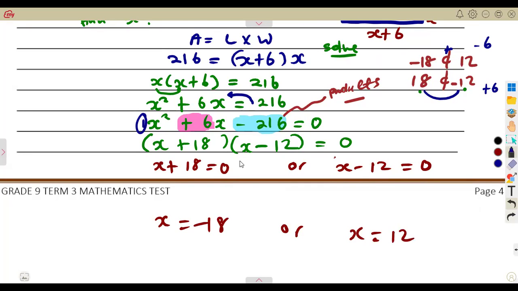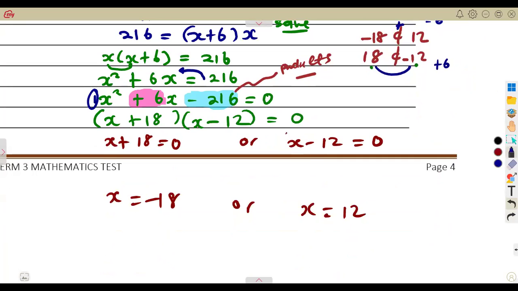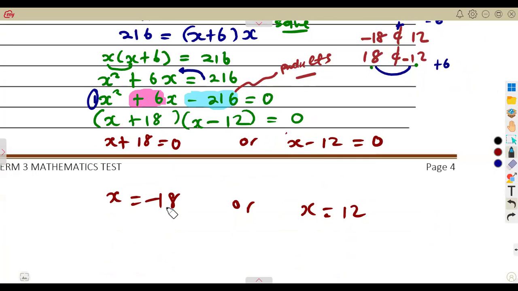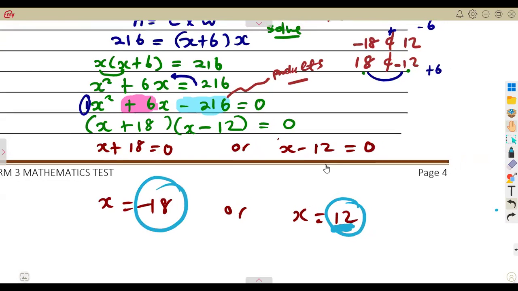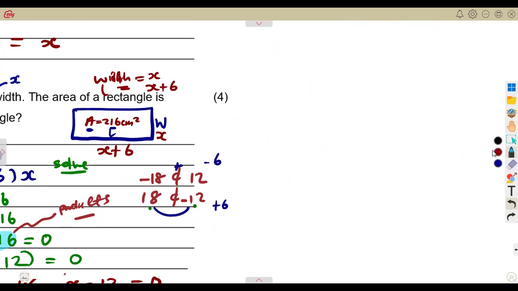So we know that we are talking of the length and the width, so it cannot be a negative. But we can see from these numbers, we can conclude that the numbers we are talking about are 12 or 18. If we use 12, since this is the one that is positive, we must conclude that's the smallest value that we have.